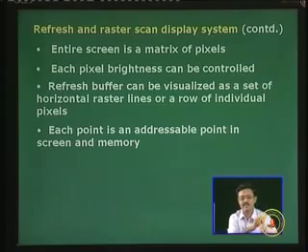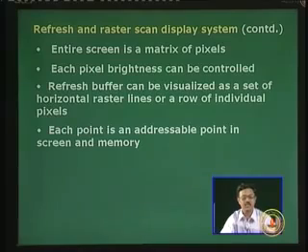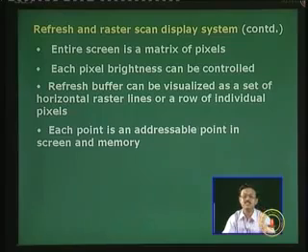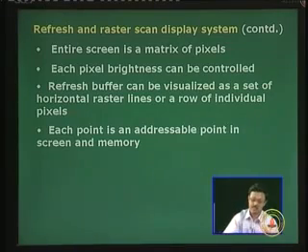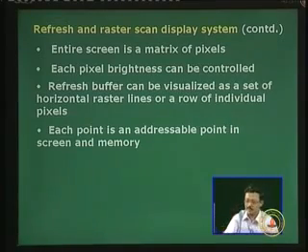Basically, the contents of that memory location will hold the intensity or color information of that point, which will in turn control the strength of the electron beam, which when fired onto that corresponding point on the screen will dictate how much intensity and what color you want at that particular point. So we will say there is a one-to-one correspondence between a point on the screen and the corresponding point in the memory array. Okay?